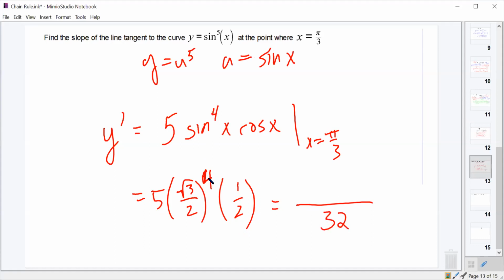And then root 3 to the fourth should be what? 9. Right, times the 5 gives us 45. Good or no? That makes sense. All right, cool.